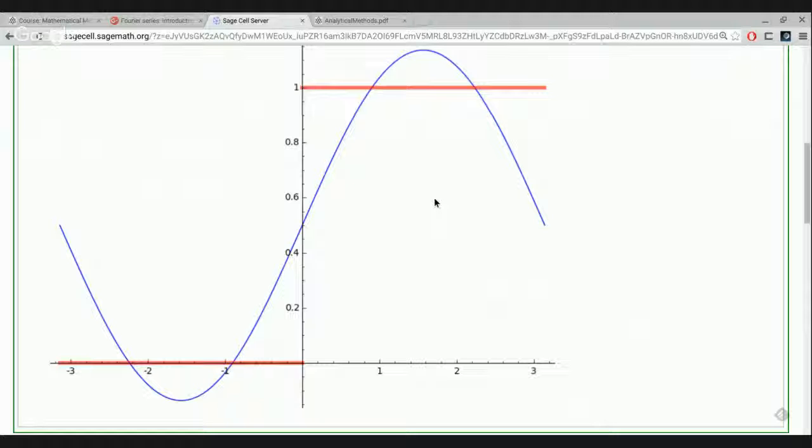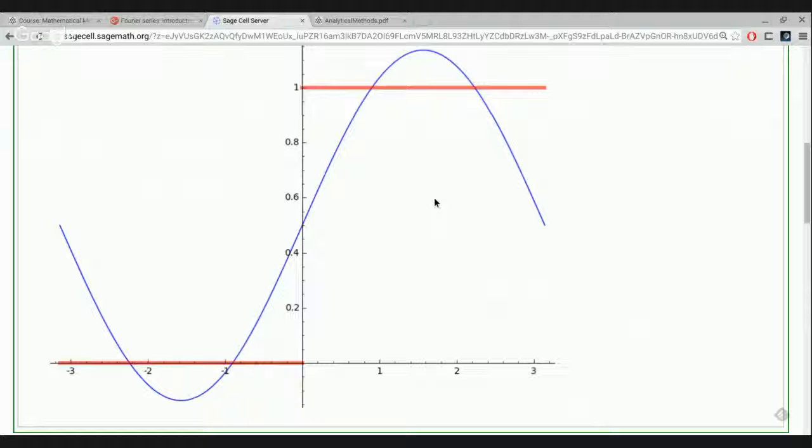Now, in this setting, the functions we're considering, we consider them to be periodic. So this square wave function will continue across the whole of the domain, just repeating this behavior here, which we see between -pi and pi, repeating that periodically over the whole real numbers. So from +pi up to 2pi, it would be 0 again, and then from 2pi up to 3pi, it would equal 1 again.